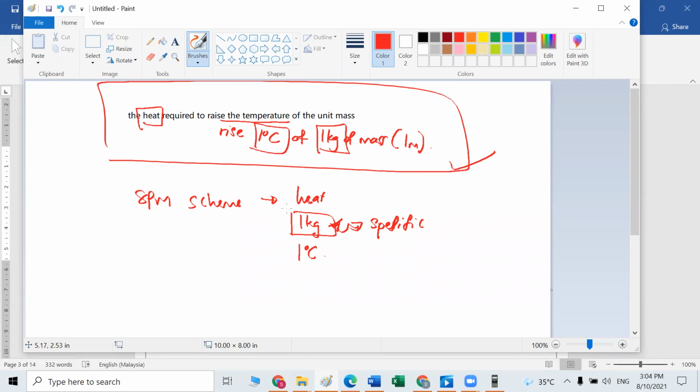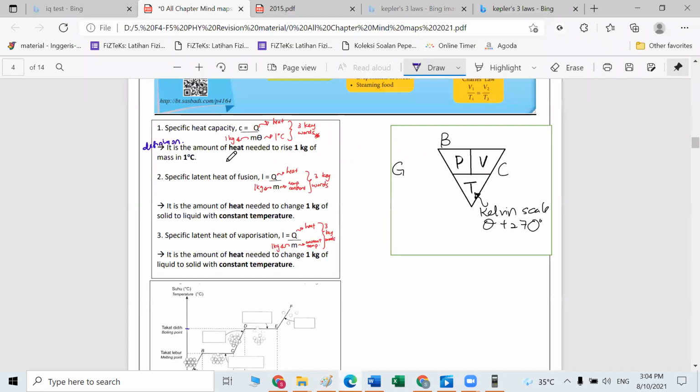So you must mention 1 kg of mass, 1 kg of substance, and must mention the number 1 degree Celsius. That's why I bolded heat, 1 kg, 1 degree Celsius. We must have these three keywords.